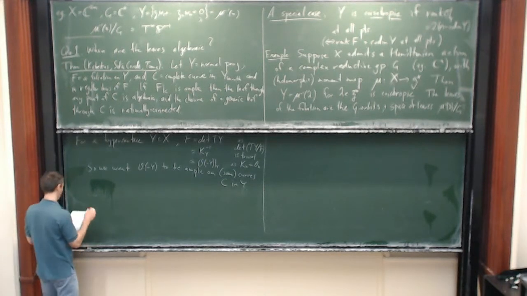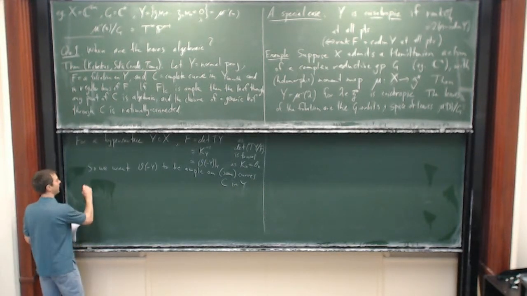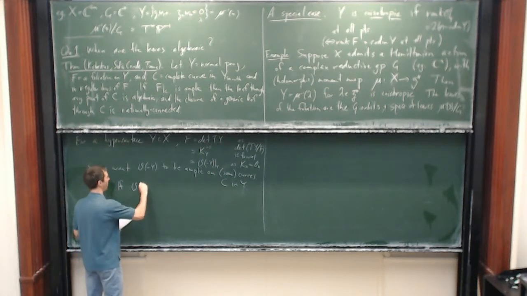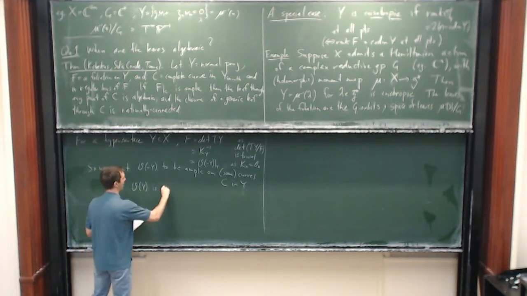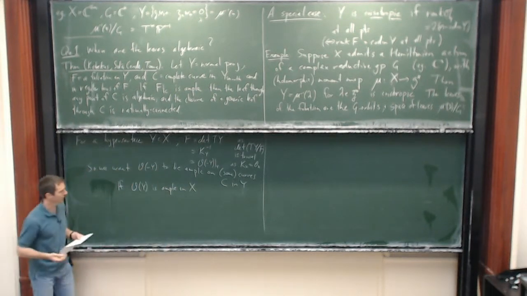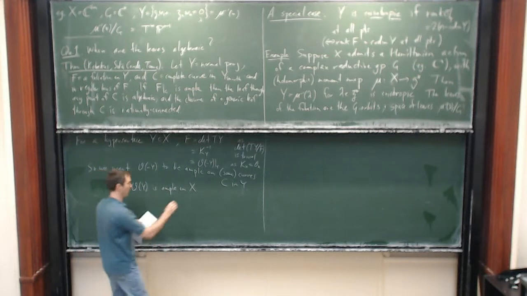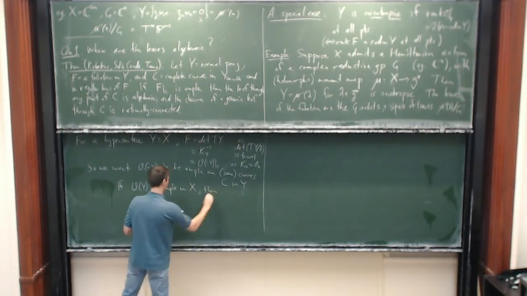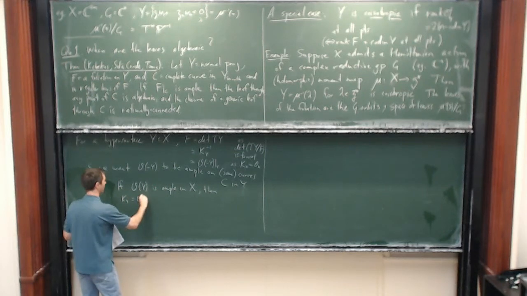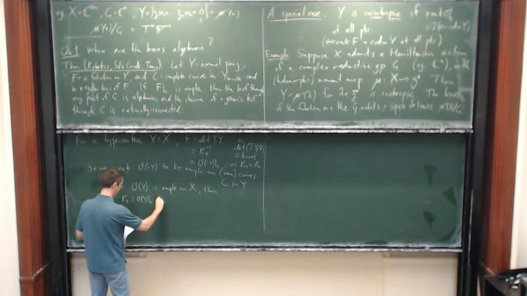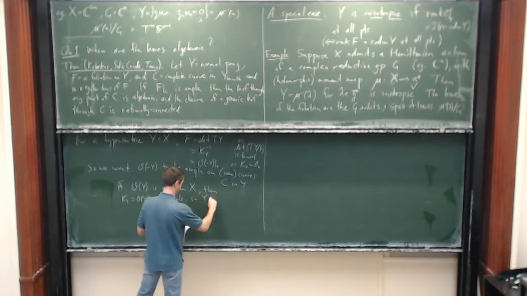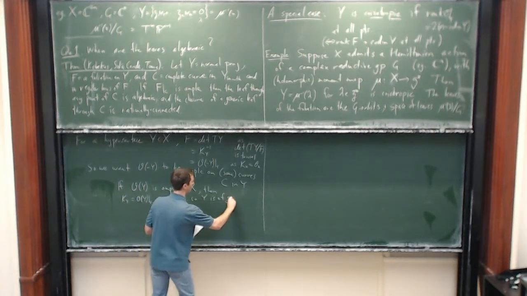But at the other extreme, if O(Y) is actually ample on X, then in particular it will be ample on any curve C. But we also have that K_Y is ample, so Y is of general type.